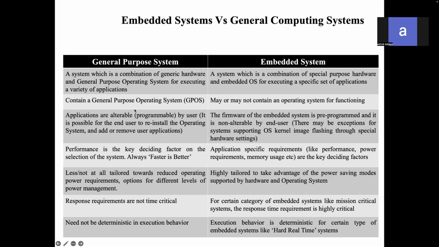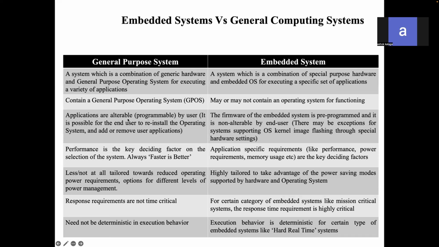For every system, we require an operating system, which acts as an interface between the user and the system. The general purpose system contains a general purpose operating system, whereas the embedded system may or may not contain an operating system for functioning.